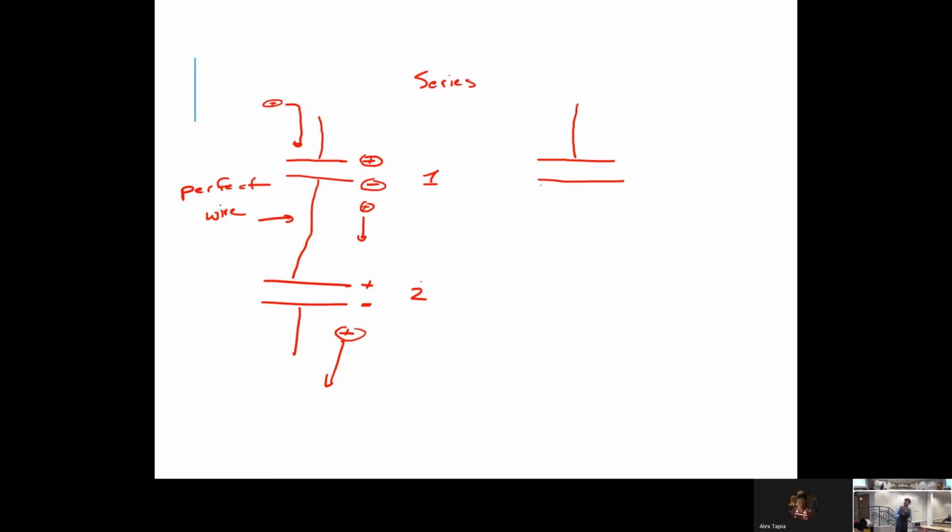Here's my second capacitor. I'll draw it just like this. In other words, I've shrunk that wire that connects the two all the way down. Is that okay?